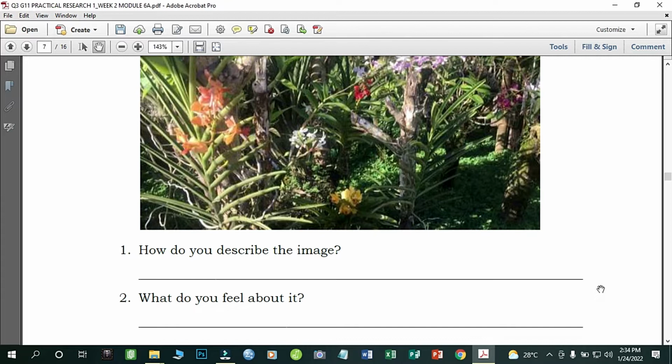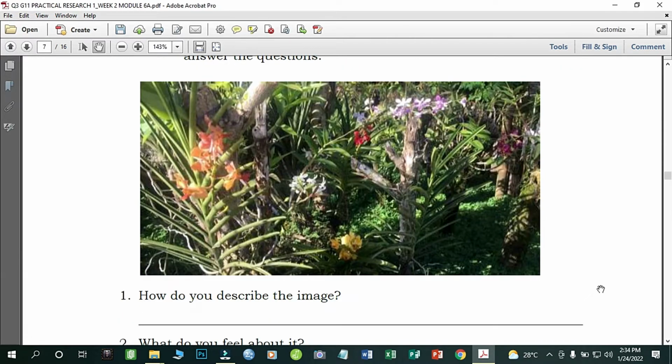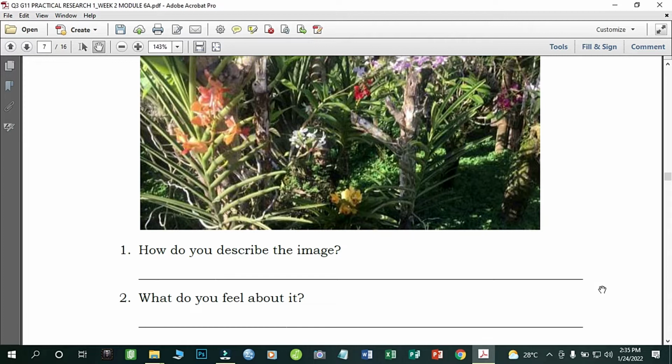In number 1, how do you describe the image? Maybe you will describe it as a flower, an orchid that blooms. It has colors like orange, purple, white, yellow, and we have these green leaves. So that is the quality of the flower. And what do you feel about it?